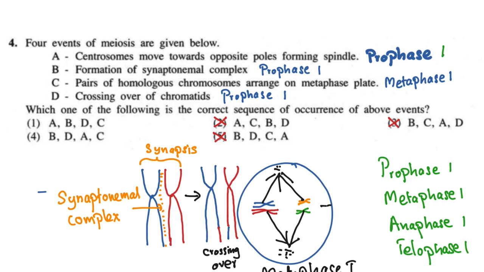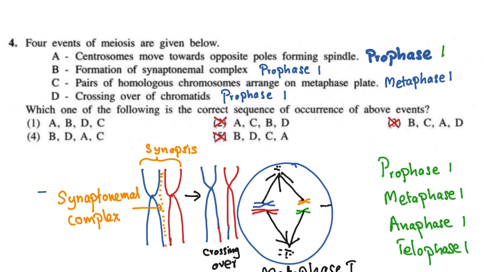Now the movement of centrosomes starts at some point in prophase 1. It is not clear to me which one begins first, the synaptonemal complex formation or the movement of centrosomes.